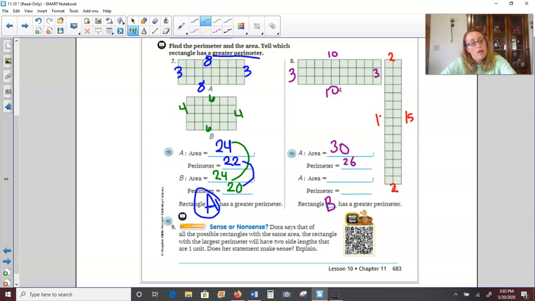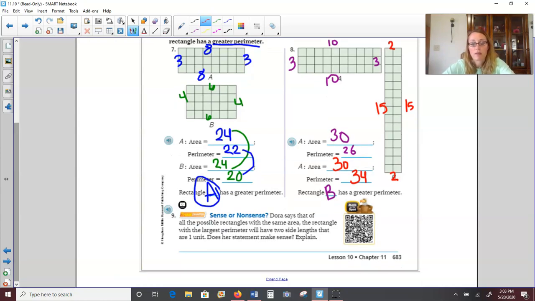So 15 times 2 is 30, so it has the same area as letter A. And then the perimeter, 15 plus 15 is 30. 2 plus 2 is 4. And that together would make 34. Look at that perimeter. From 26 to 34, definitely letter B is an increase. The greatest. All right, number 9, sense or nonsense?